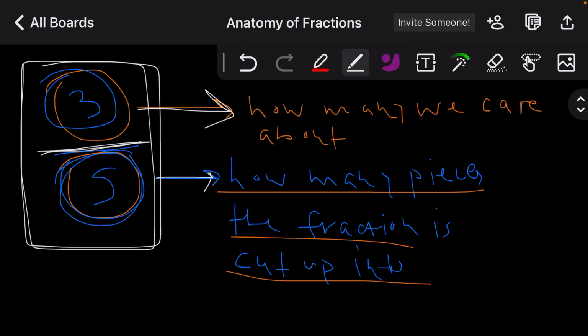There are a couple of things you definitely want to keep in mind when dealing with fractions, that you want to understand about the anatomy of fractions. One of the more important ones: for this video, we're just going to talk about proper and improper fractions.